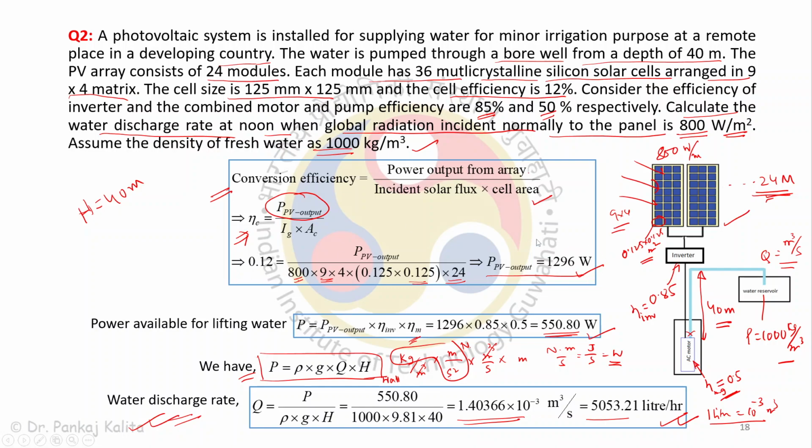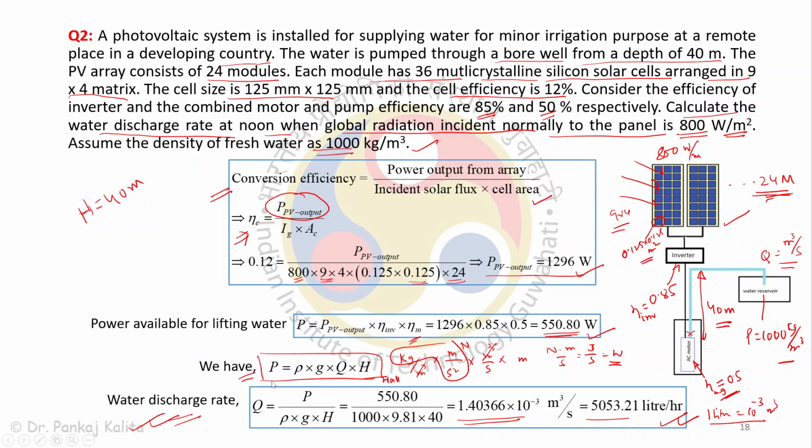So this is the power you are getting as output from the array, and it will be the power available to the AC motor. The AC motor has an efficiency of 85%, as motor and pump efficiencies multiply.